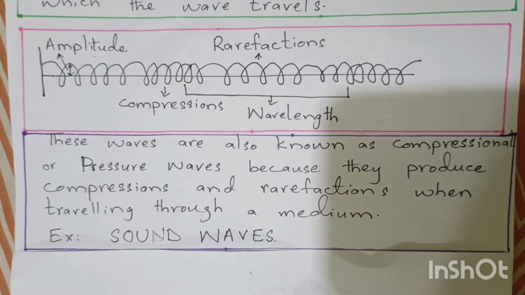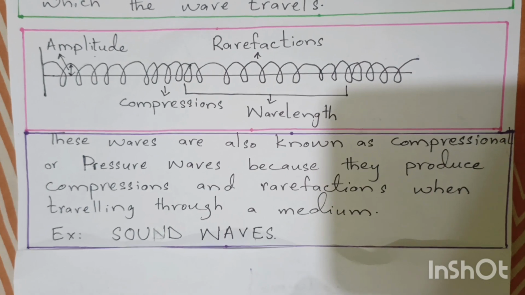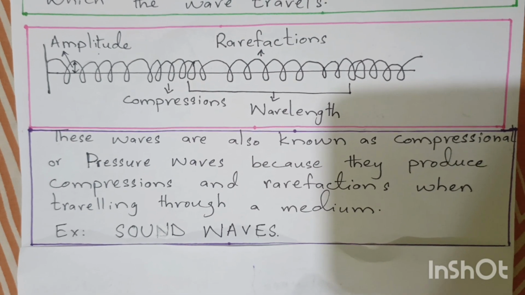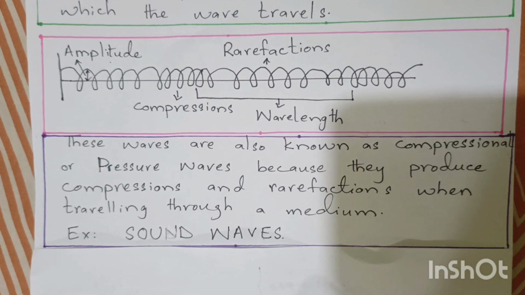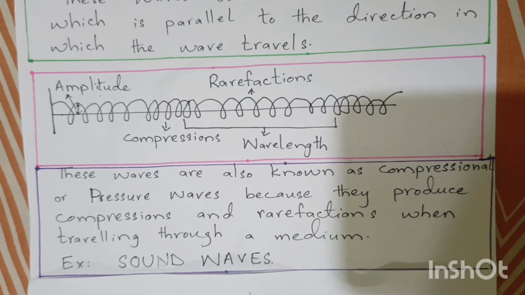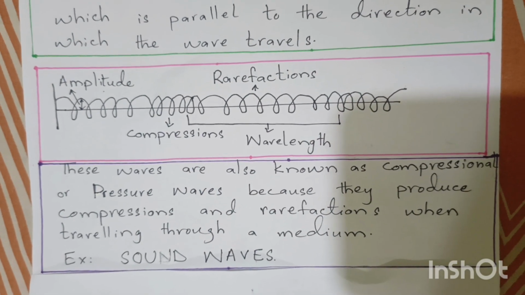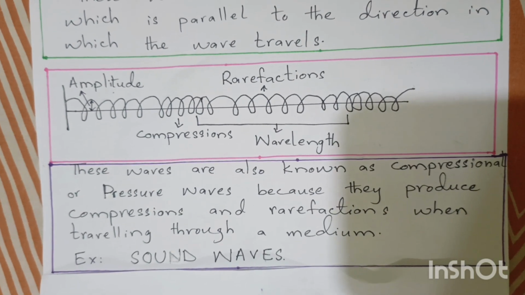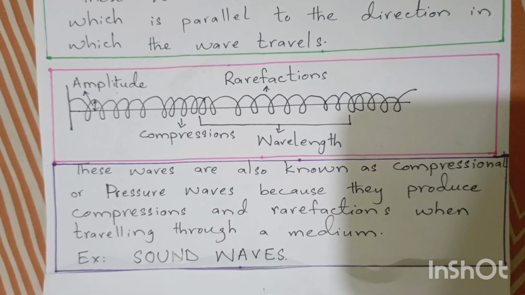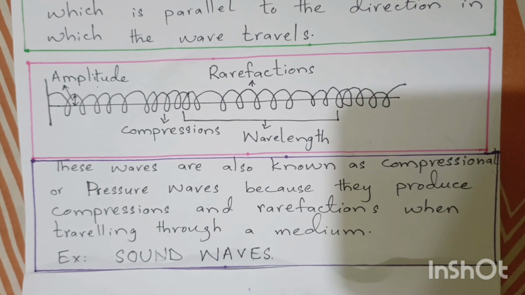So while creating the disturbance, you have to move the spring a bit. You can clearly observe that the spring is moving towards the wall, and there are a few spaces, one where the spring is getting closer and the other where the spring is getting away.